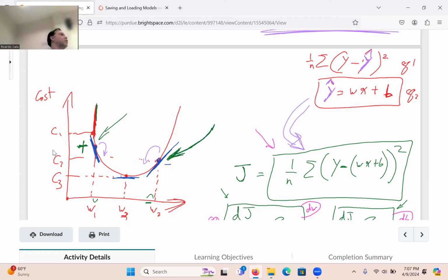We usually denote it as cost. The cost is high with a bad set of weights. It is up here. With a really good set of weights, the cost is what? Low, because it reaches the blue line.